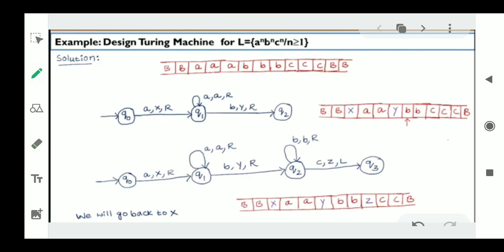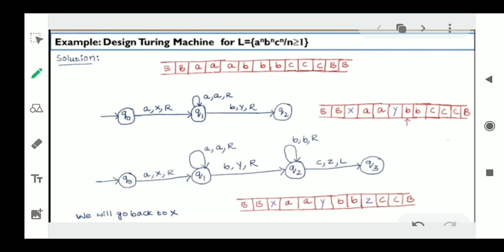Similarly, after that, if any number of a's are encountered, we will keep on moving in the right direction. If a is identified, we will replace small a with small a only. That means we are not changing any symbol. We will keep that a as it is, and keep on moving right until a new symbol b is found. Once b is found, we will replace that b with capital Y and move to the right direction.